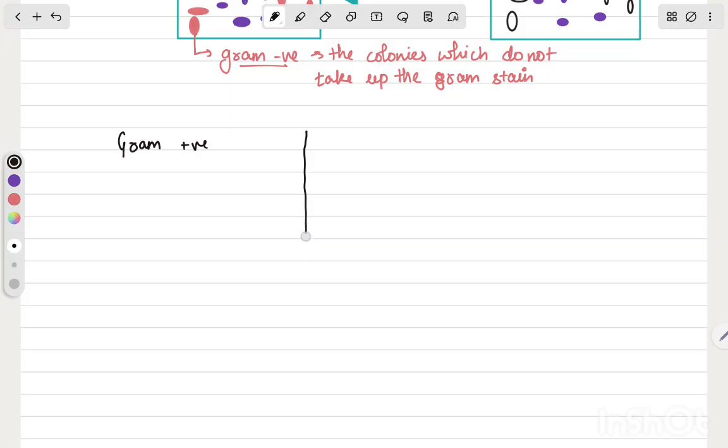Gram positive and gram negative bacteria.